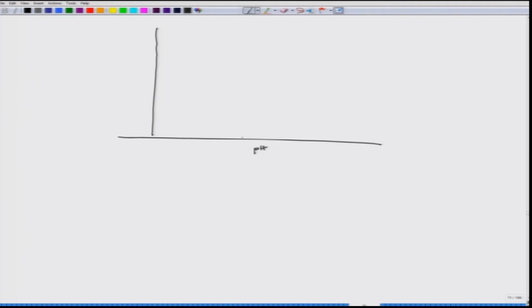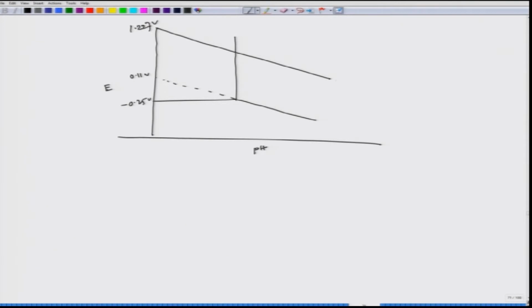This is pH, this is E, let me do the hydrogen line.